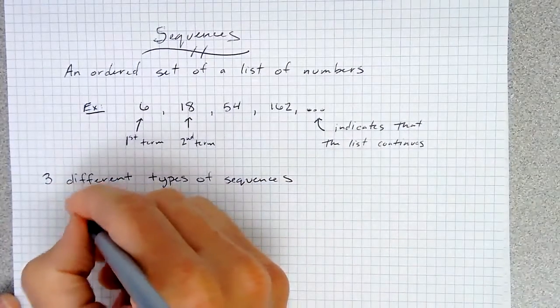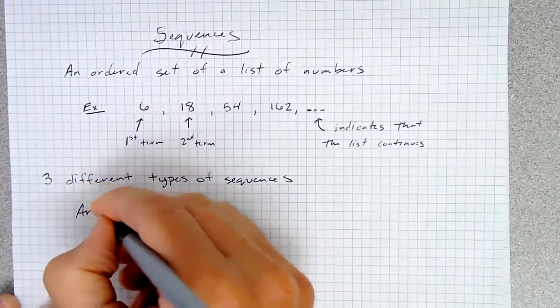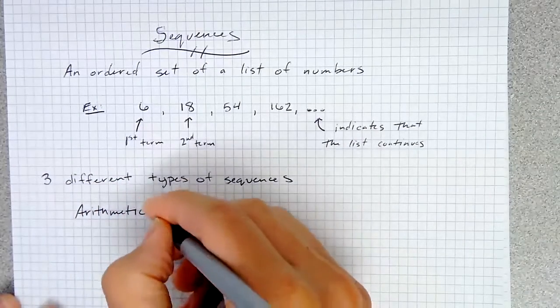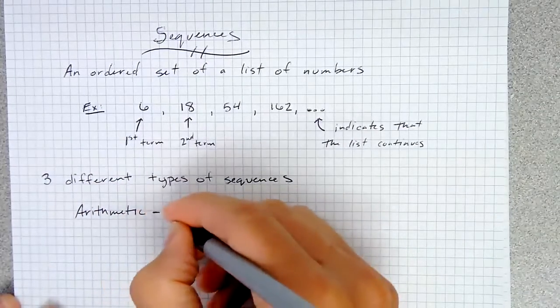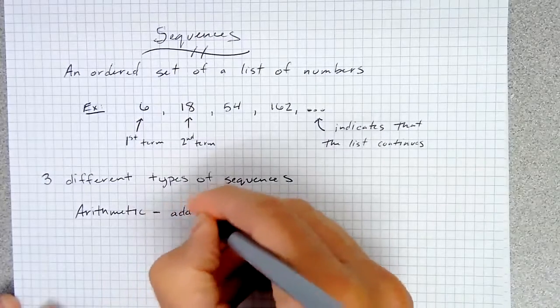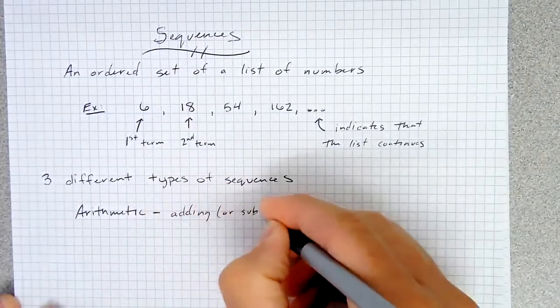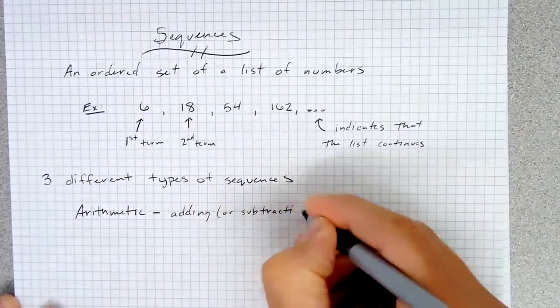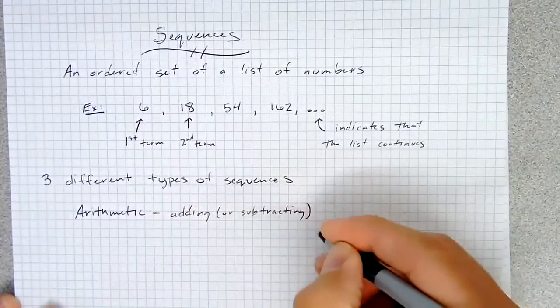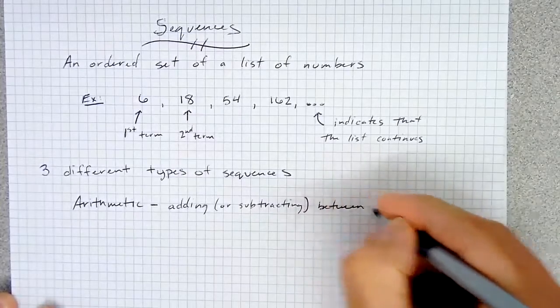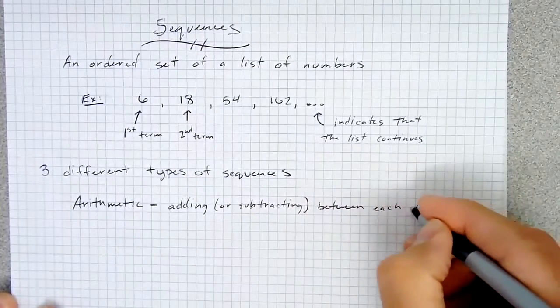First one's called arithmetic, where we're adding or subtracting, it's the same thing, between each term.